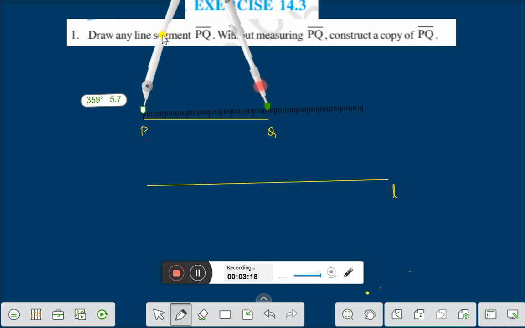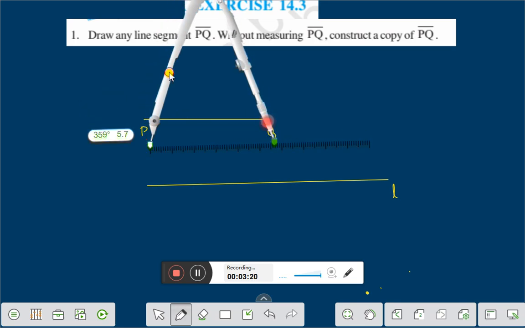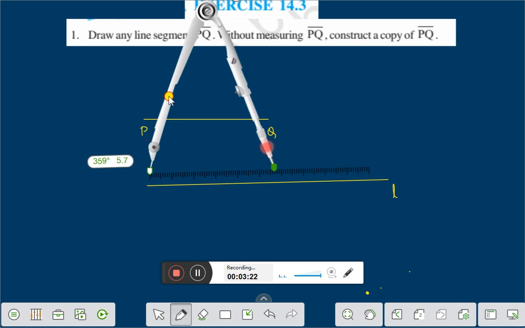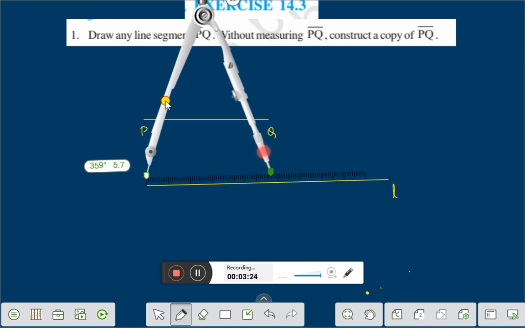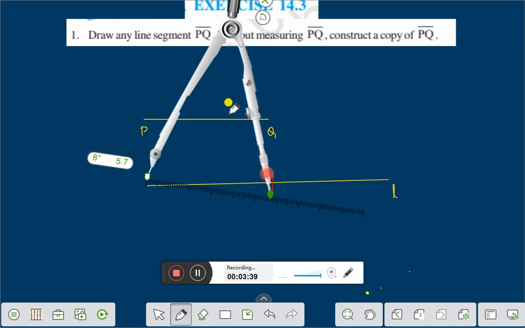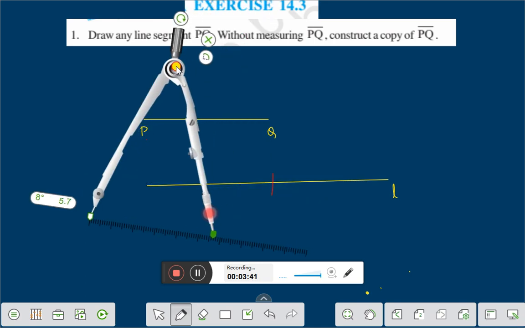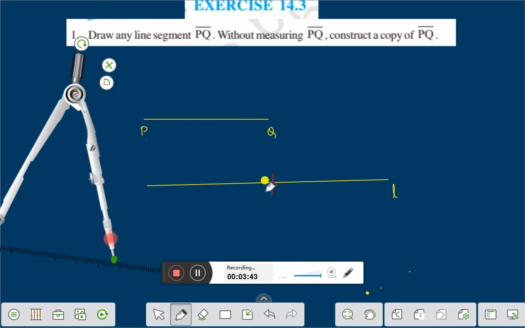Now we take this compass and place the pointer at the end point here, and cut the arc. Now we name it again.